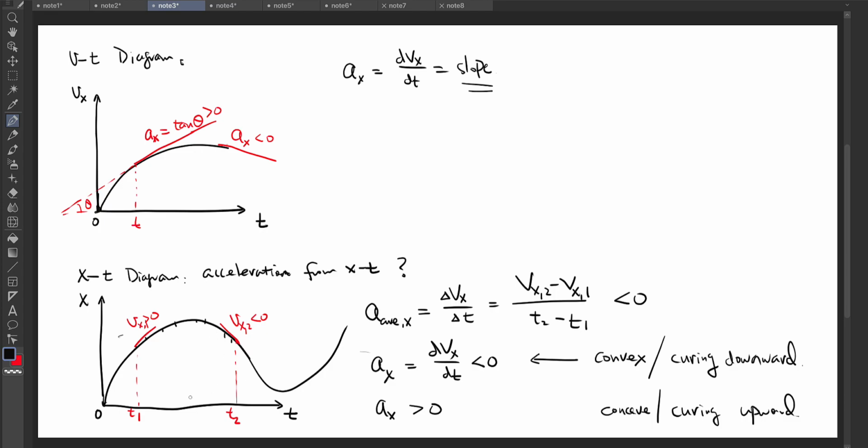So you can also do the same thing like I did here. The velocity is negative at the beginning and then later on is positive. So the change of the velocity is positive. So let me put down this ax direction here. So ax is always positive in this part of the diagram, and ax is always negative in the previous range.